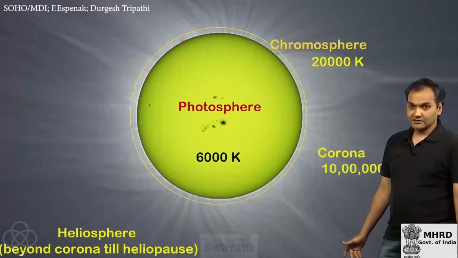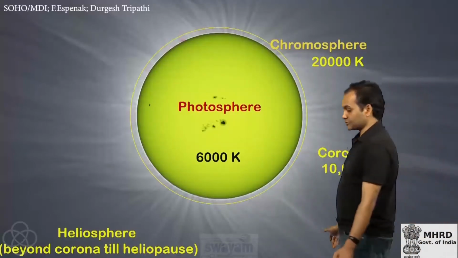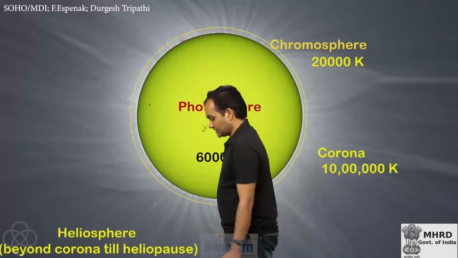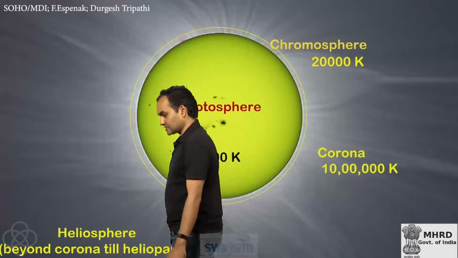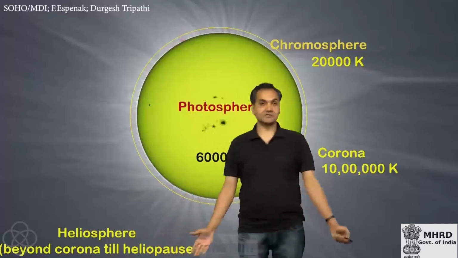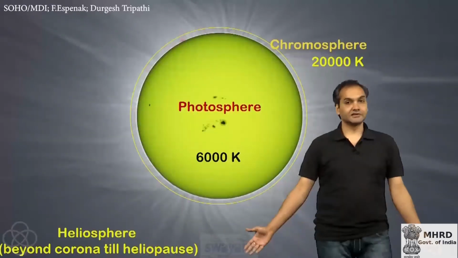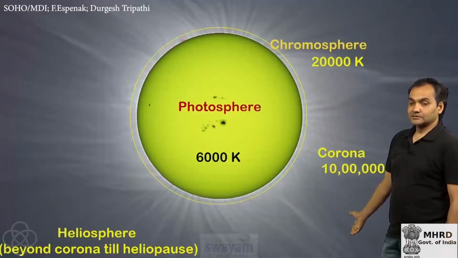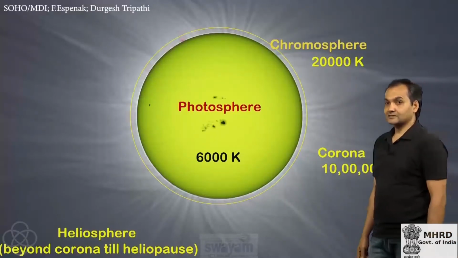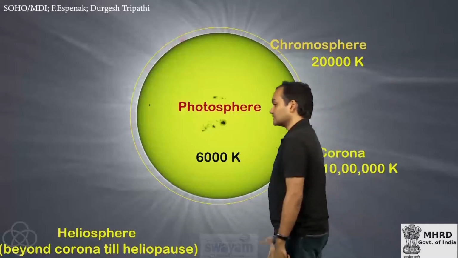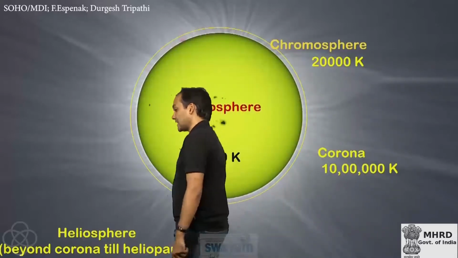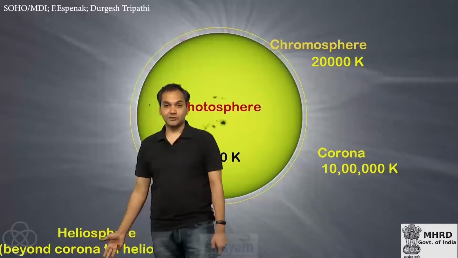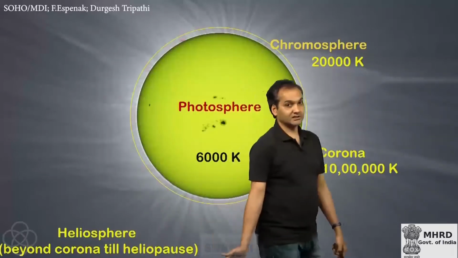What we discovered is that the photosphere is 6,000 degrees, because we can take the solar spectrum and fit it with a black body, which corresponds to about 5,800 degrees. And we then discovered using spectroscopy that to produce these spectral lines, which are highly ionized, you need a temperature which is more than 1,000,000 degrees.